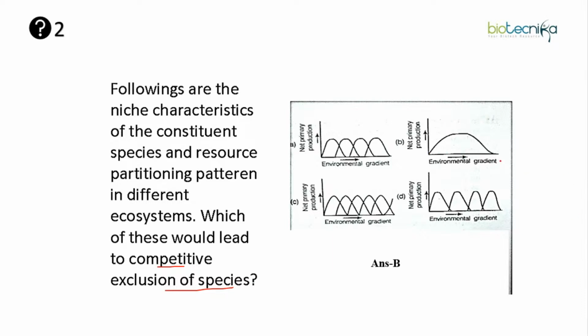But in this case, as you can see, there is only one shown here, right? That means all the species have a common niche. So that means the competitive force will be maximum in this case.